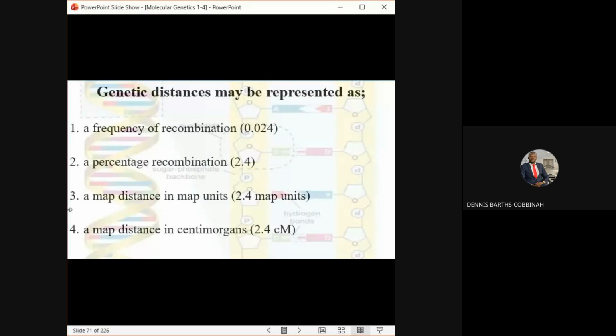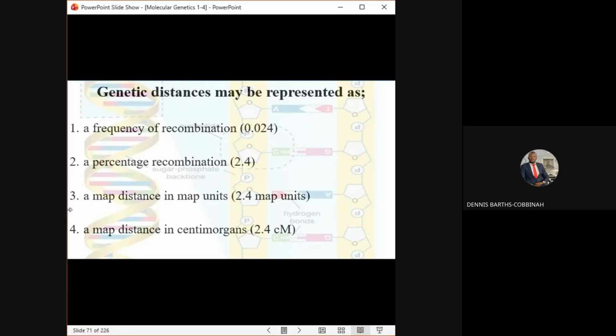You could have frequency of recombination as 0.05, 0.03, 0.01, any hypothetical figure.